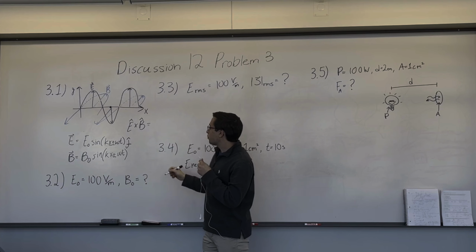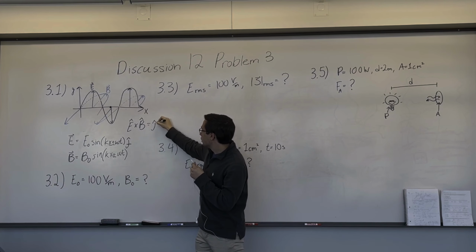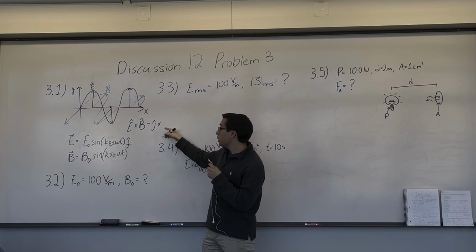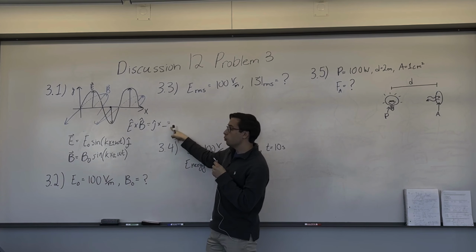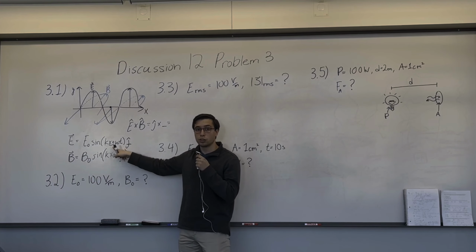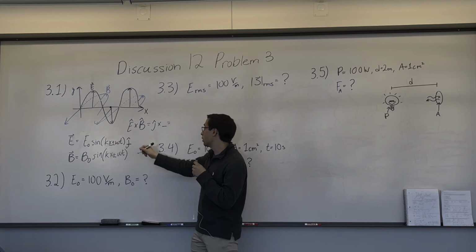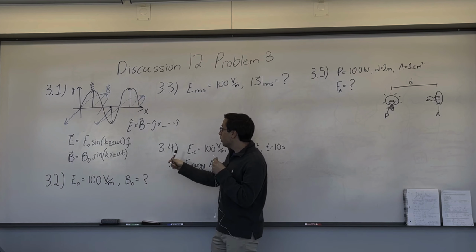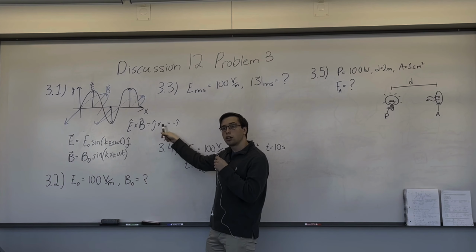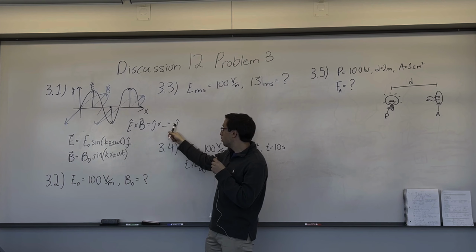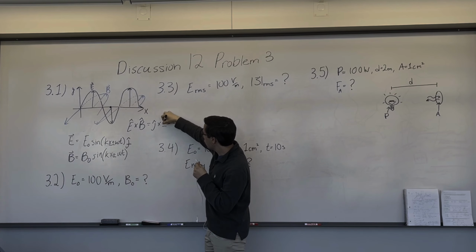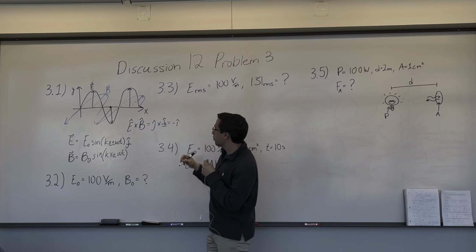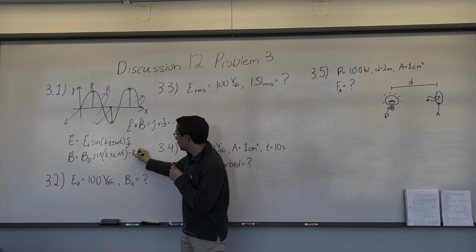In this case, we know E hat is j hat, B hat we want to find, so I'll leave that blank. And we know that this answer has to agree with the negative x direction that we established by looking at this argument, so I'll label that as minus i hat. Normally we would have something like j hat cross k hat equals i hat, but there's a minus sign, so we know that this has to be a minus k hat. And that's what we put here.